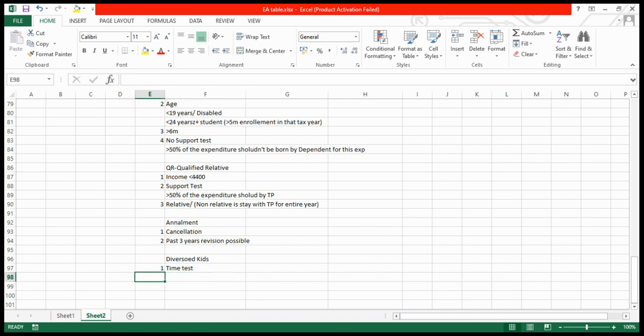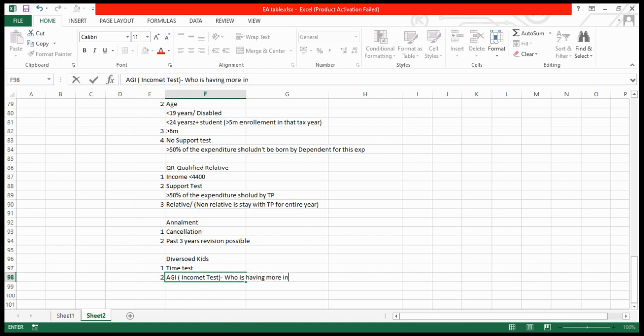In case both parents are staying with the kid for equal time, then you have to apply the AGI, meaning the income test. Whoever has more income, he or she is eligible to take the child.